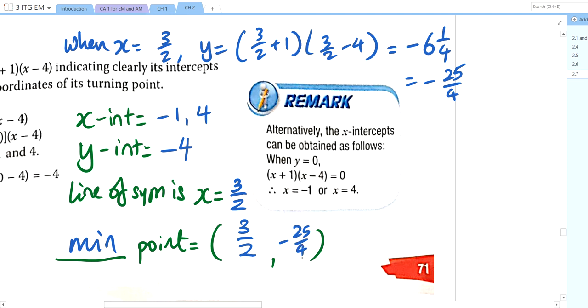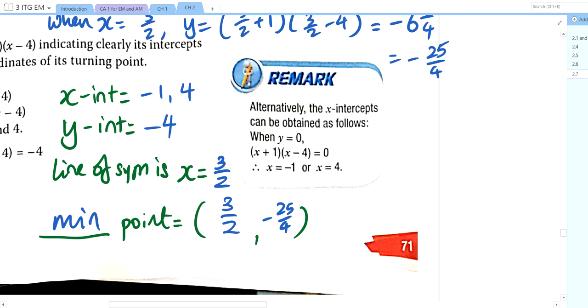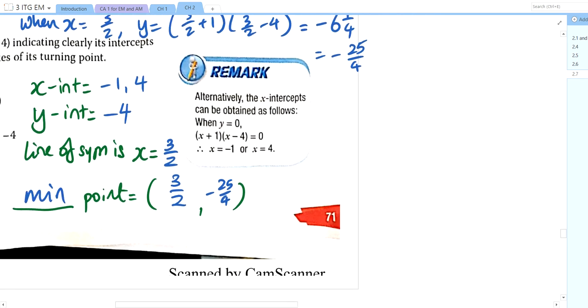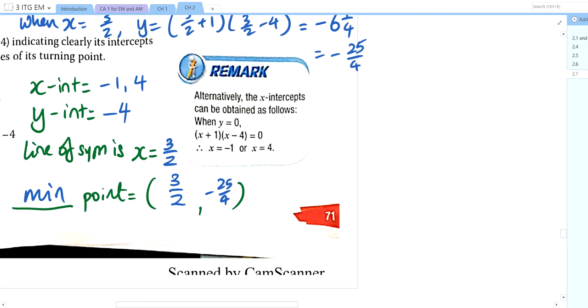with all this information, I will now sketch again. I will always sketch with my parabola first. Then I will fill in all the other information. This is a parabola opening upwards. It has a minimum point like this. Okay.